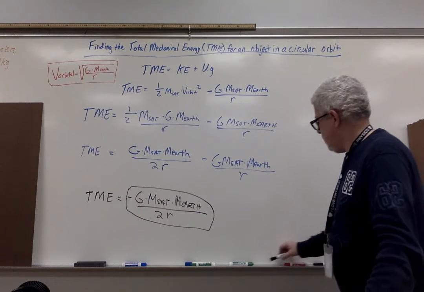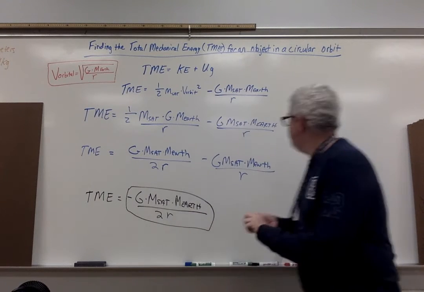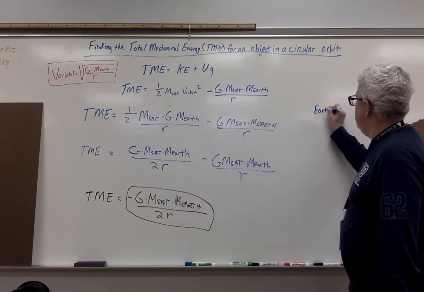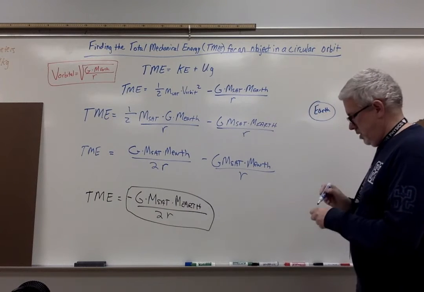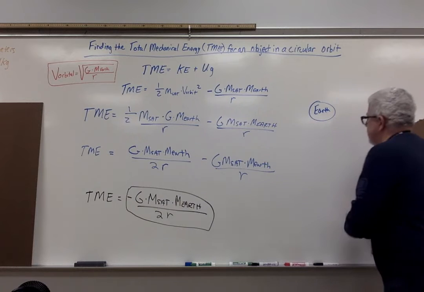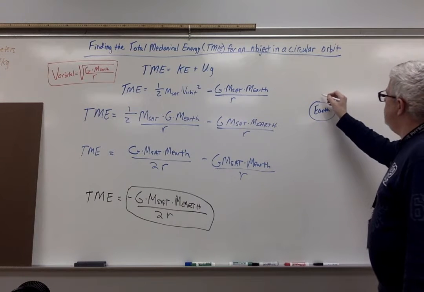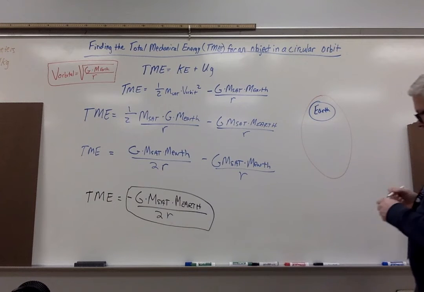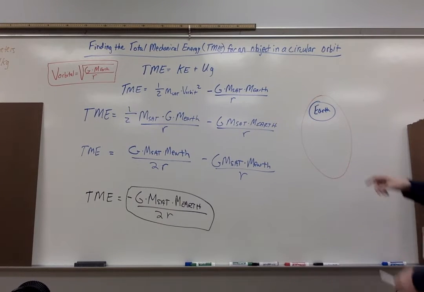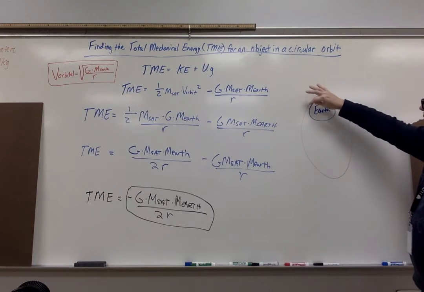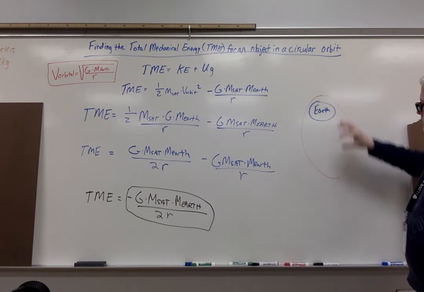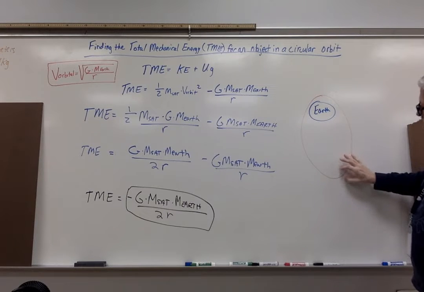If we have something in an orbit that's elliptical, so let's say the Earth is here, and we've got an object in an elliptical path, something like this, pretty close here we have a greater percentage of kinetic energy, and a smaller percentage of kinetic energy out here.